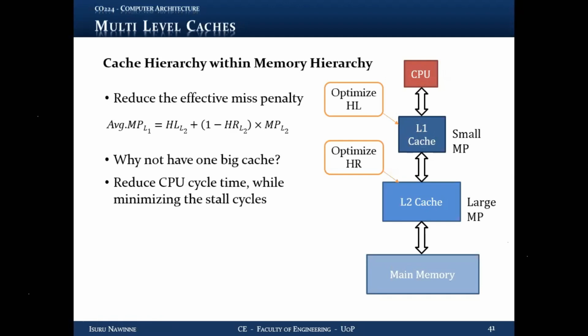So your clock period has to be set according to the slowest stage. Memory access is the slowest stage because memory has a lot of latencies.